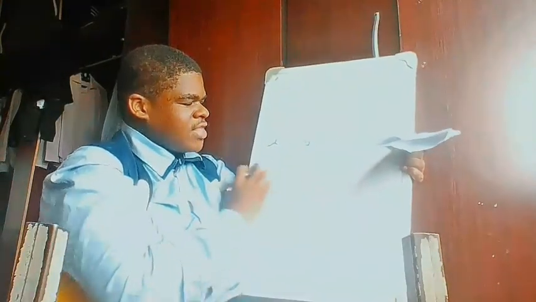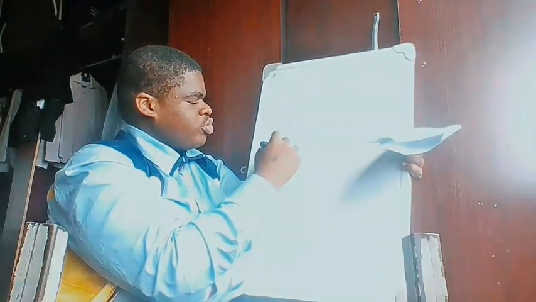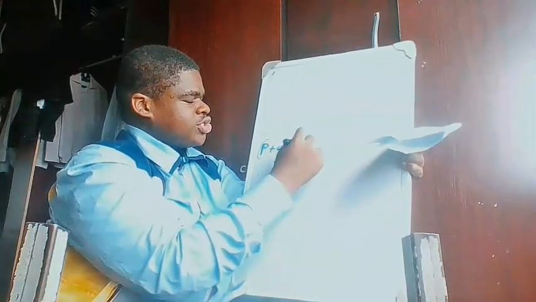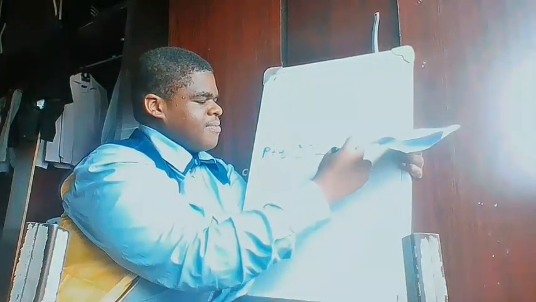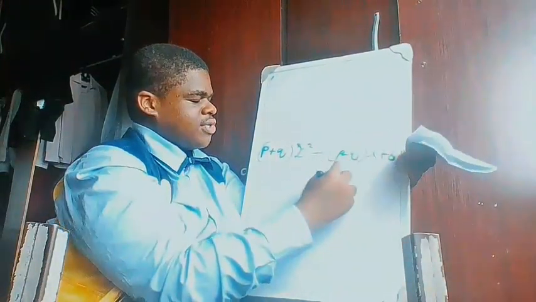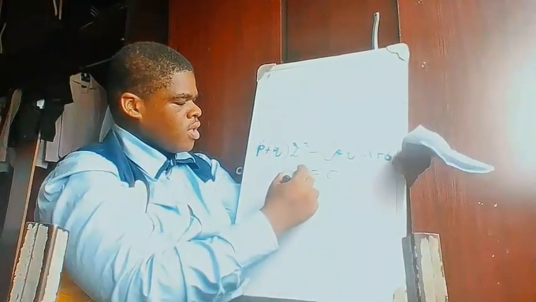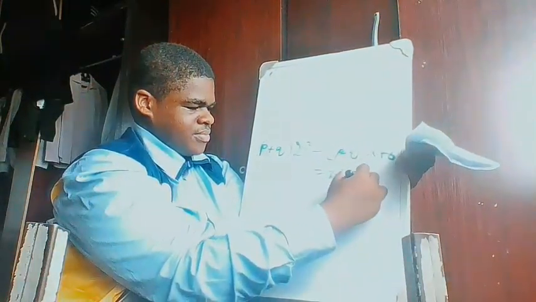But let us say they now give you another question like p plus q x squared minus p minus q x plus 6 is equal to a quadratic. Find the value of p and q.